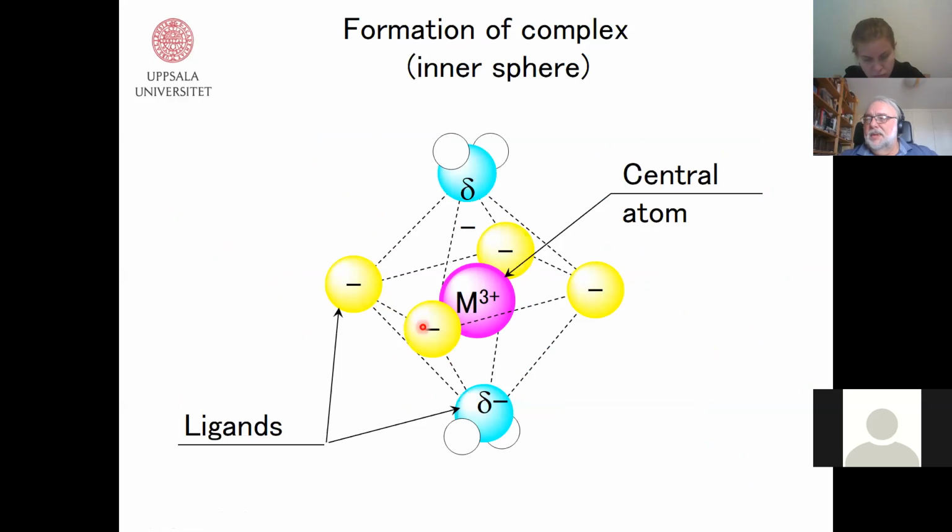Of course, there might be some electrostatic interaction between positively charged atoms and negatively charged counter ions. The water molecules have a dipole character with negative charge on the oxygen part, so they start to orient around the atoms. They start to coordinate them.